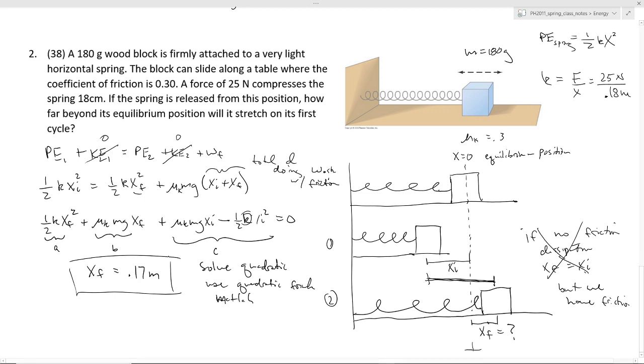And we can kind of check ourselves. So I told you over here that if we didn't have any friction, x final would be the same thing as x initial. So x initial was 0.18, and the distance that we found was 0.17. So since x final is less than x initial, this is what we expect. So this agrees with what we expect because some energy has gone into work done by friction.